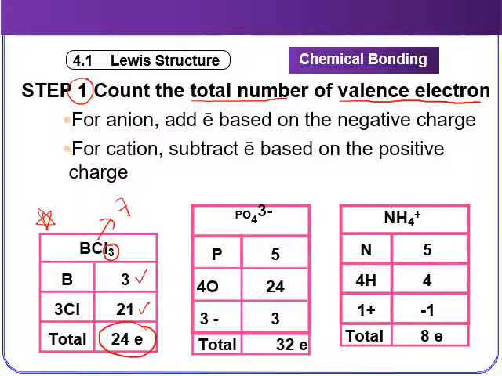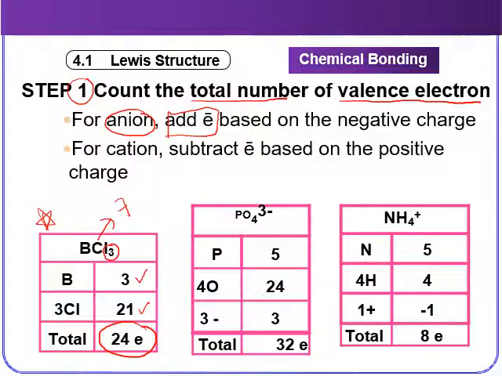Okay, next one, how about if the molecule given is not neutral but an ion, let's say negatively charged. As we all know, negatively charged means gain electrons, so we will add the electrons based on the charge. Look at the second example here.